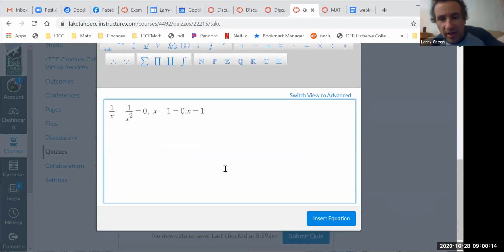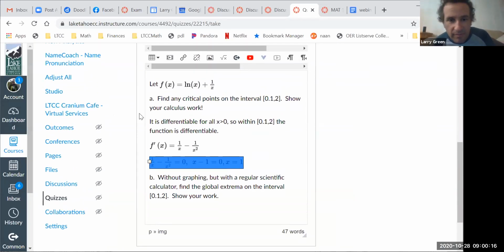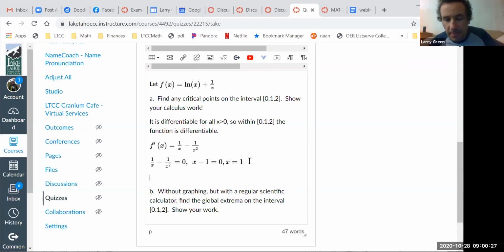Any questions on this step? So we've now found the critical points and there's just one. The only critical point is at x equals 1. Any questions at all on part A?